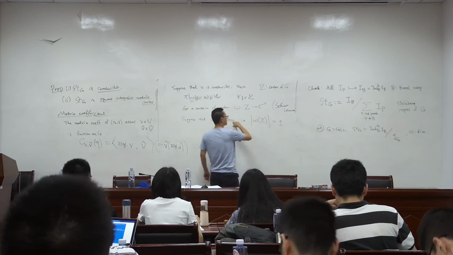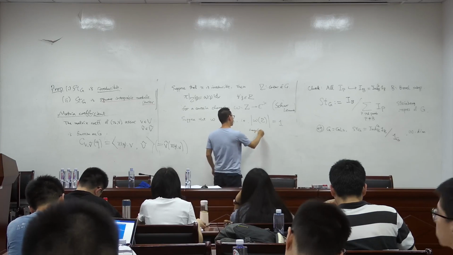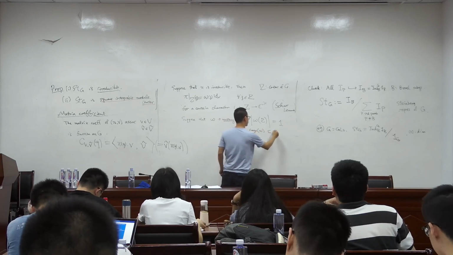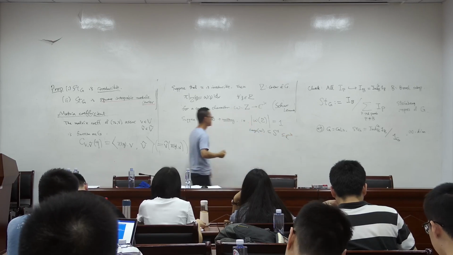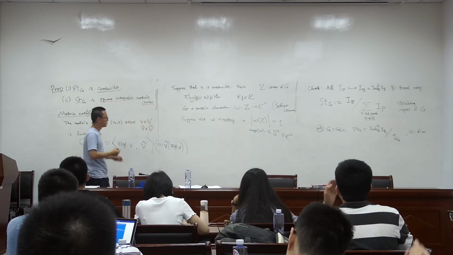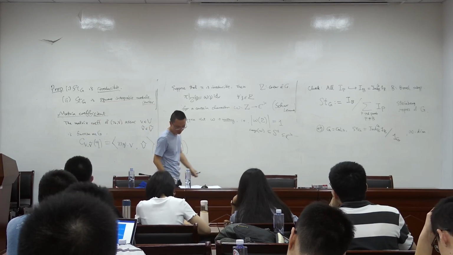That means the image of omega lies in the unit circle S^1 in C cross. It is on the unit circle, so it is a unitary character.